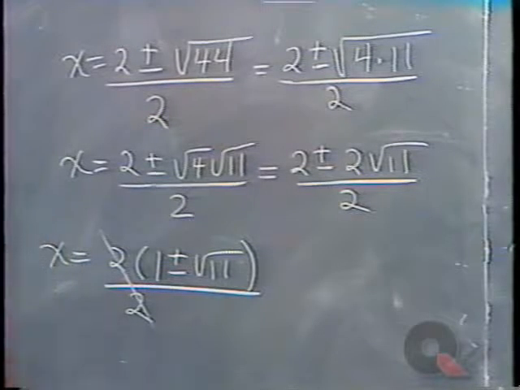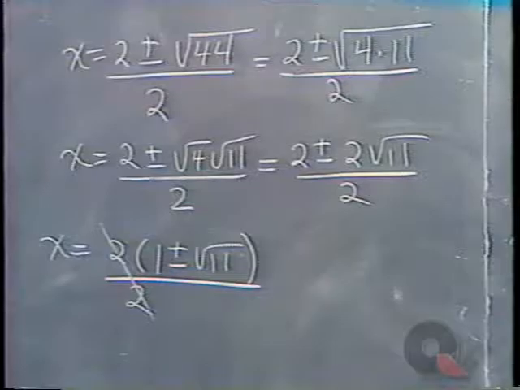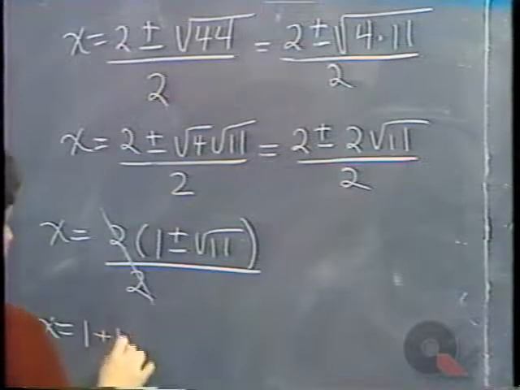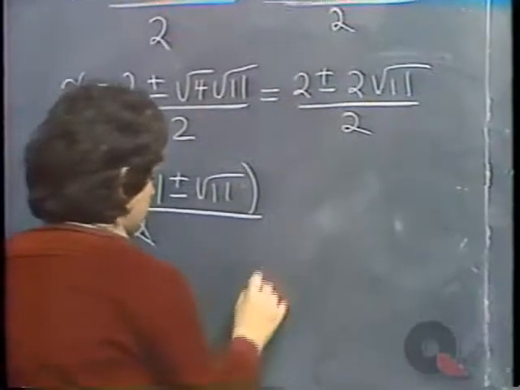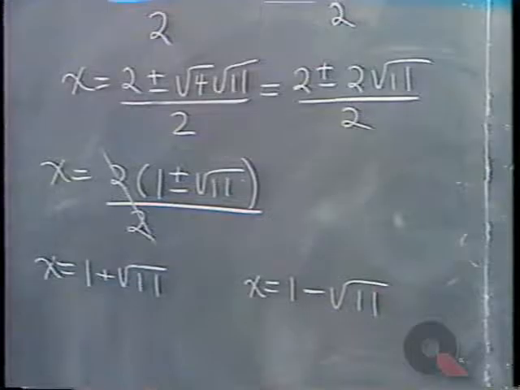So this gives us two possible x-intercepts here. x equals 1 plus the square root of 11, and x equals 1 minus the square root of 11. Now the square root of 11 is about 3.3.